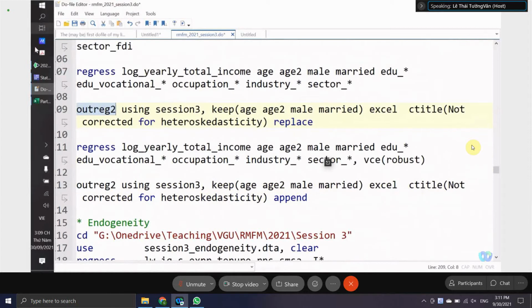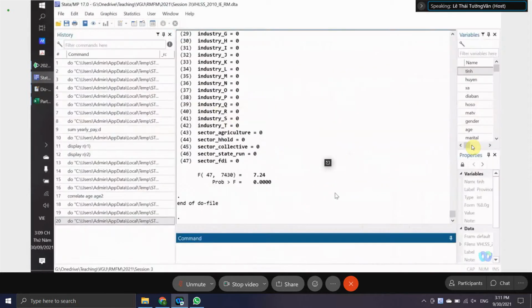Now, can you please type into Stata: ssc install outreg2, replace.